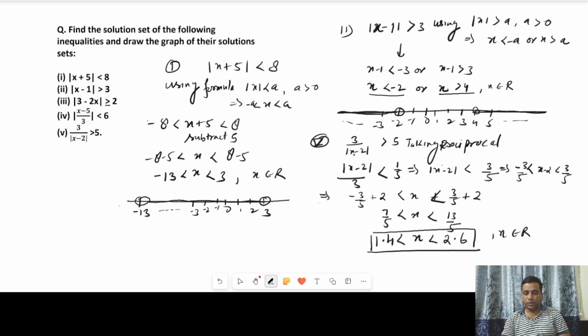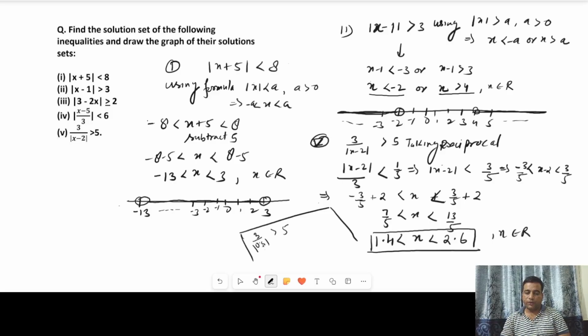So if you put x as 1.5, so 1.5 minus 2, just it's a part of verification. 3 upon 1.5 minus 2 is 0.5. Is it greater than 5?